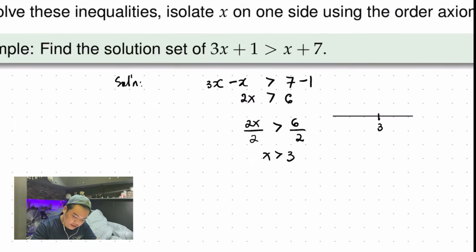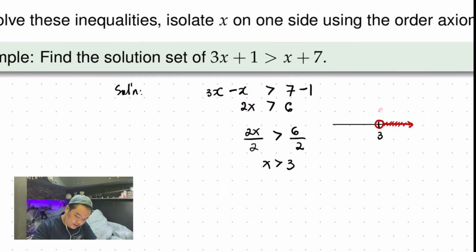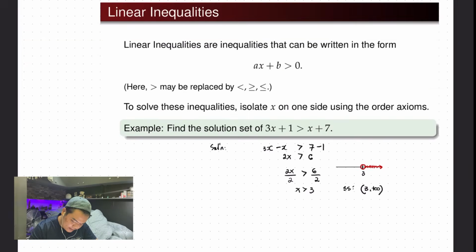Greater than 3, so hindi kasali si 3. Nasa right niya lang. So, ang solution set natin is 3 to positive infinity. 3 hindi kasali. Infinity laging parenthesis.